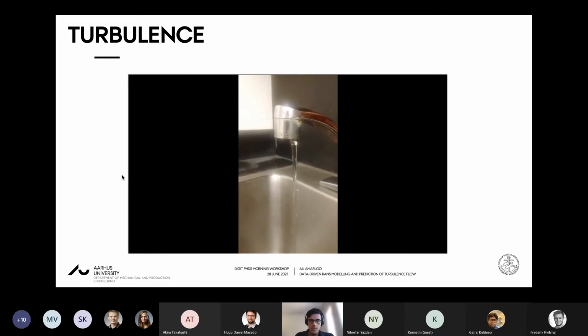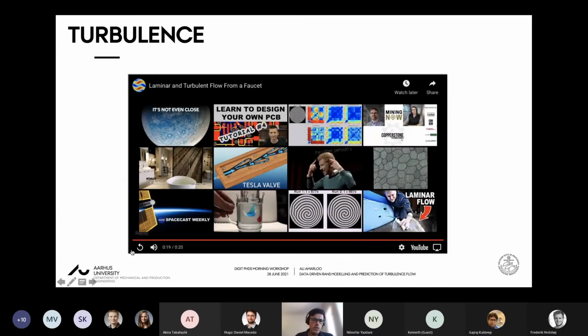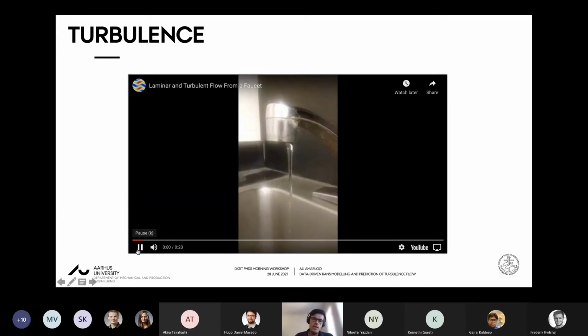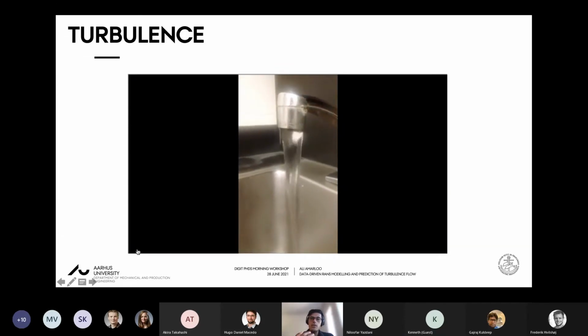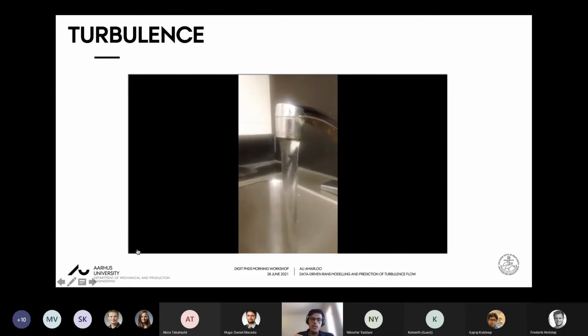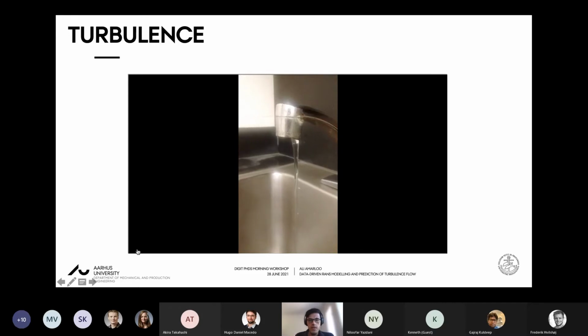Maybe this example is a good one, and you have probably experienced it in your kitchen: when you have low velocity, you can see that the flow is very stable, you have constant velocities. But when you increase the velocity, you see a lot of fluctuations and chaotic behaviors, which we call turbulence. But in the laminar flow, which is this one, everything is very stable.